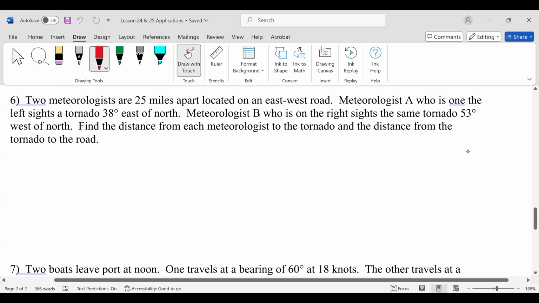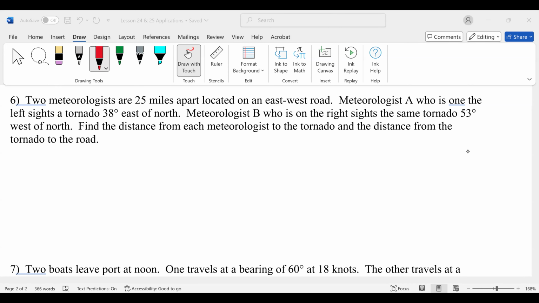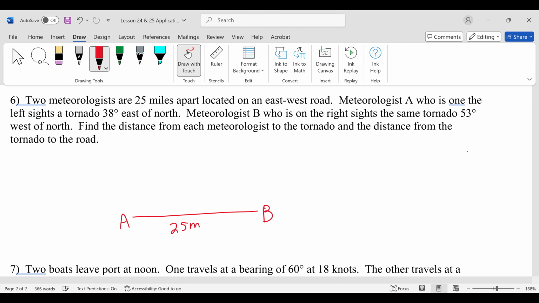Okay, so two meteorologists are 25 miles apart, located on an east-west road. So here's one meteorologist, I'll say A and B, and they're 25 miles apart. Meteorologist A, who is on the left, sights a tornado 38 degrees east of north. So if this is north, east would be going this direction, 38 degrees.